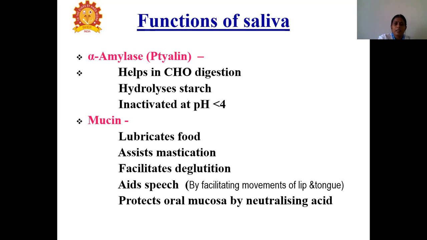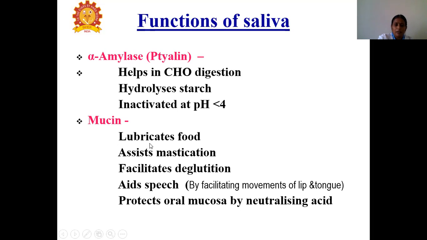It is active when the pH is more than 4. When the pH becomes less than 4, it is inactivated. So it acts on the carbohydrate, on the starch, and converts that into glucose.